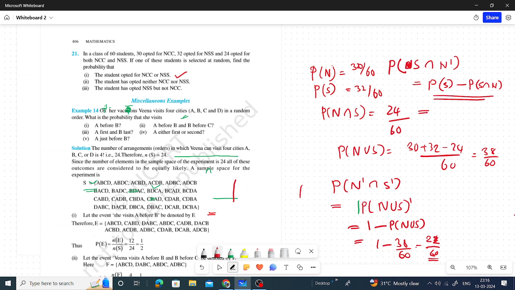Probability of S is 32 by 60 minus the probability of S intersection N, 24 by 60. That is equal to 8 by 60 is the answer, or 2 by 15.